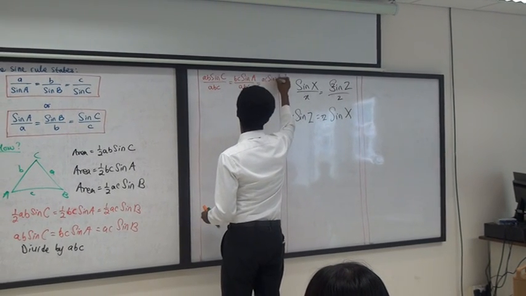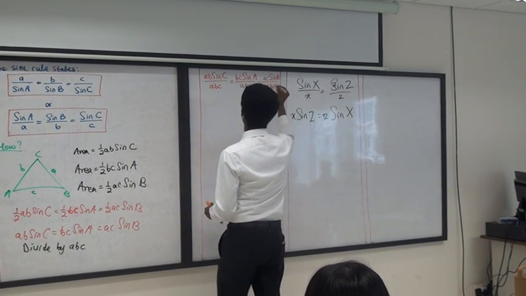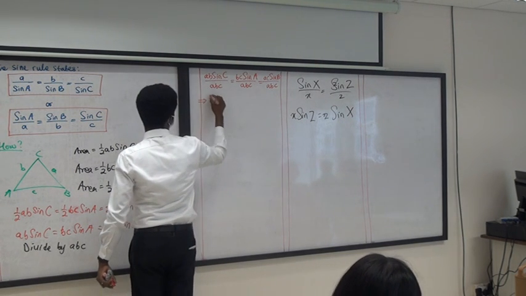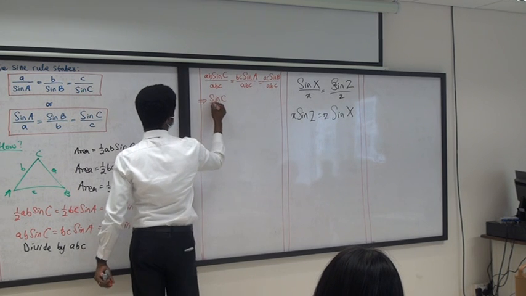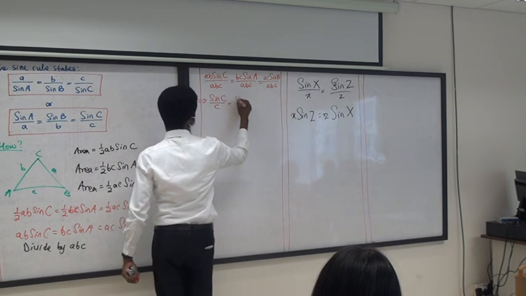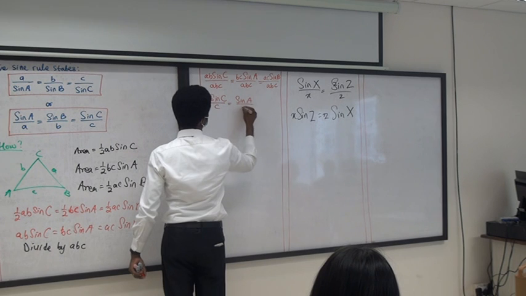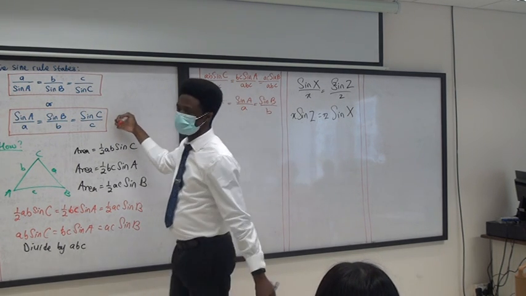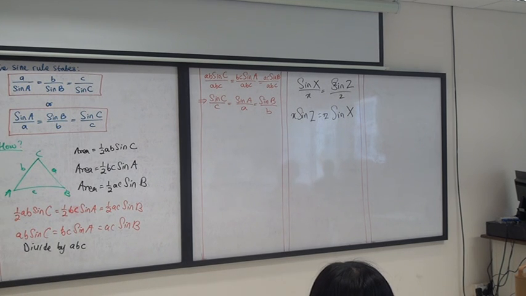AC sine B, I divide by ABC. Ladies and gentlemen, tell me what you notice. Sine C over C is equal to sine B over B. That's a simple way to prove the sine rule.